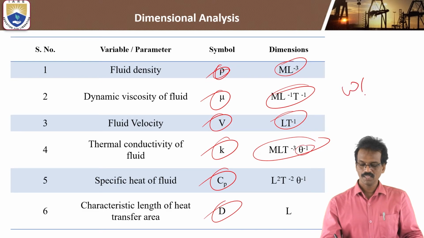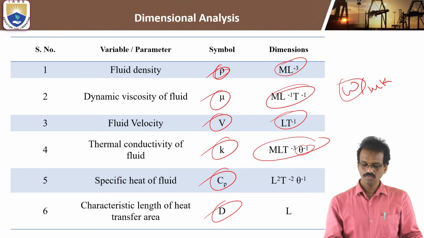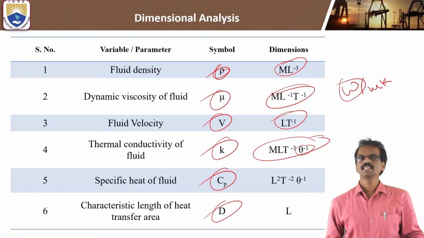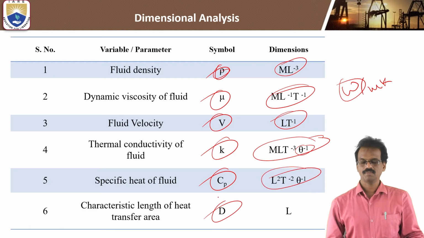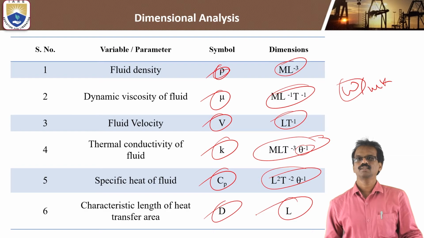So watt per meter Kelvin, you know the formula. Watt is just like energy, so we have to take those formulas. If you substitute all the formulas, we will get the final dimension value. The specific heat is also L square T minus 2 theta minus 1. The characteristic length, the diameter, is length L. So these are the parameters.